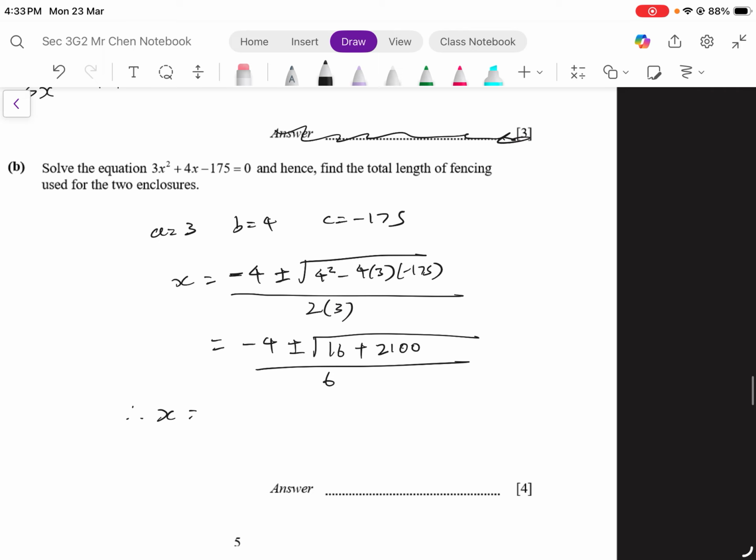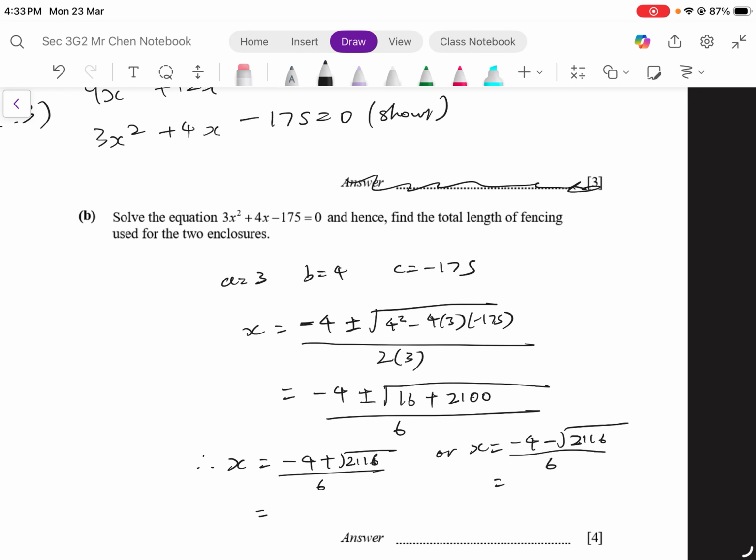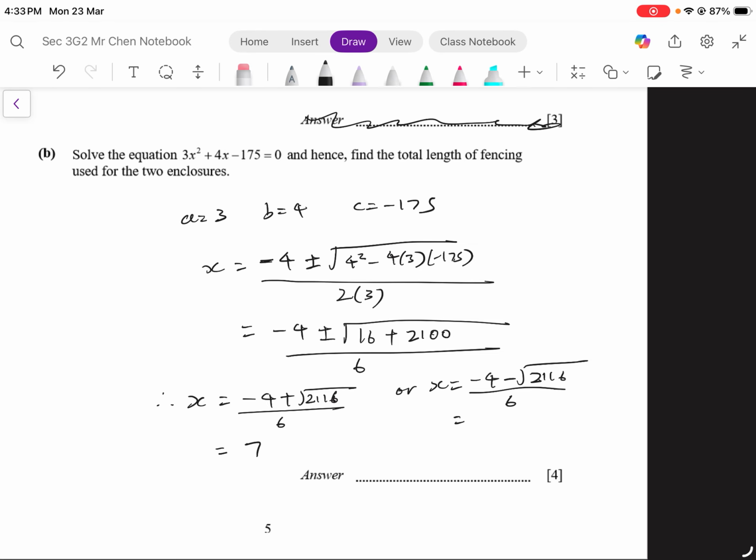So you get x equals minus 4 plus root 2116 over 6, or x equals minus 4 minus root 2116 over 6. As usual, you should get 3x squared plus 4x minus 175. First answer should be 7. Second answer is minus 25 over 3.